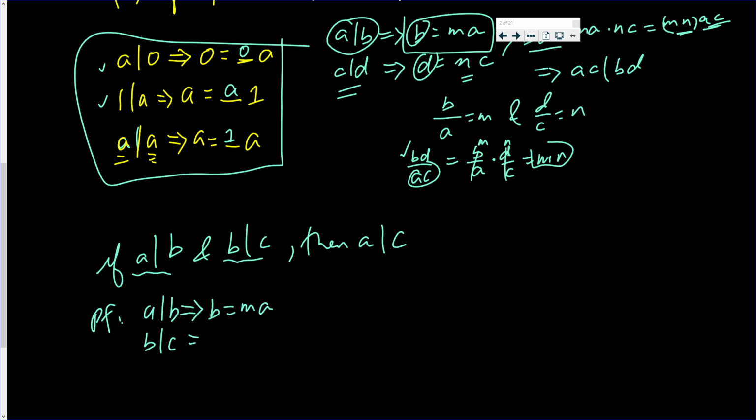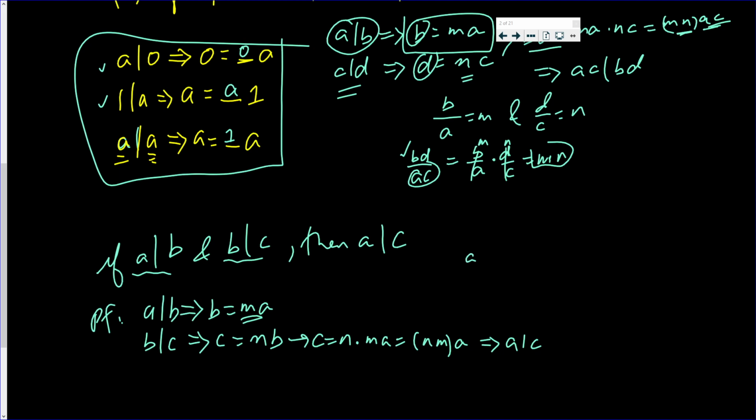And b divides c implies that c is an integer multiple of b. Oh, I want a and c. I want to get rid of b. Well, I know that c is n times b, but b is ma. So I get that c is mn times a, an integer multiple of a. This implies a divides c.